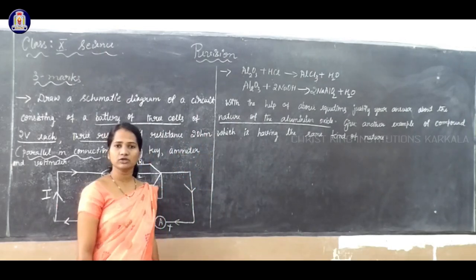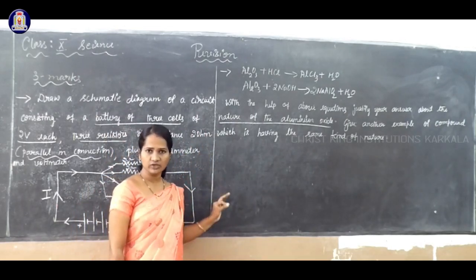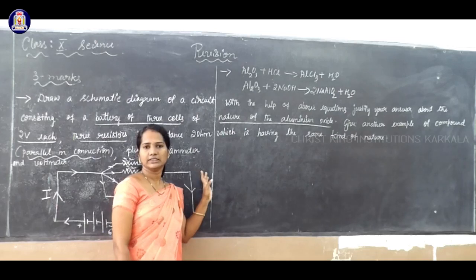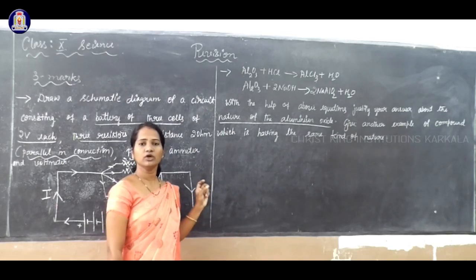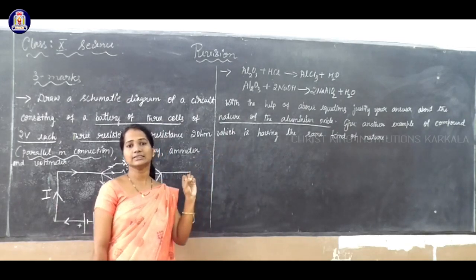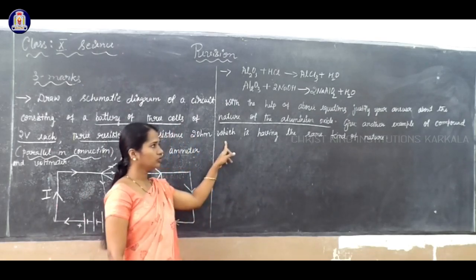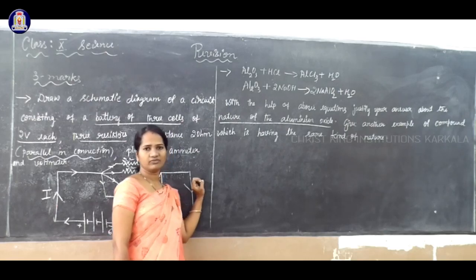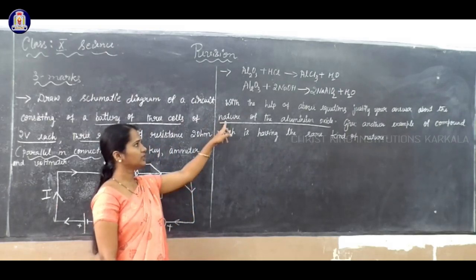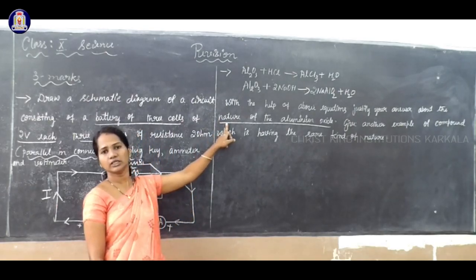You have to mention the nature of the aluminium oxide and justify, giving the reason why you are saying aluminium oxide has this nature. Give another example of a compound which shows the same kind of nature. So first you have to mention what is the nature of the aluminium oxide.